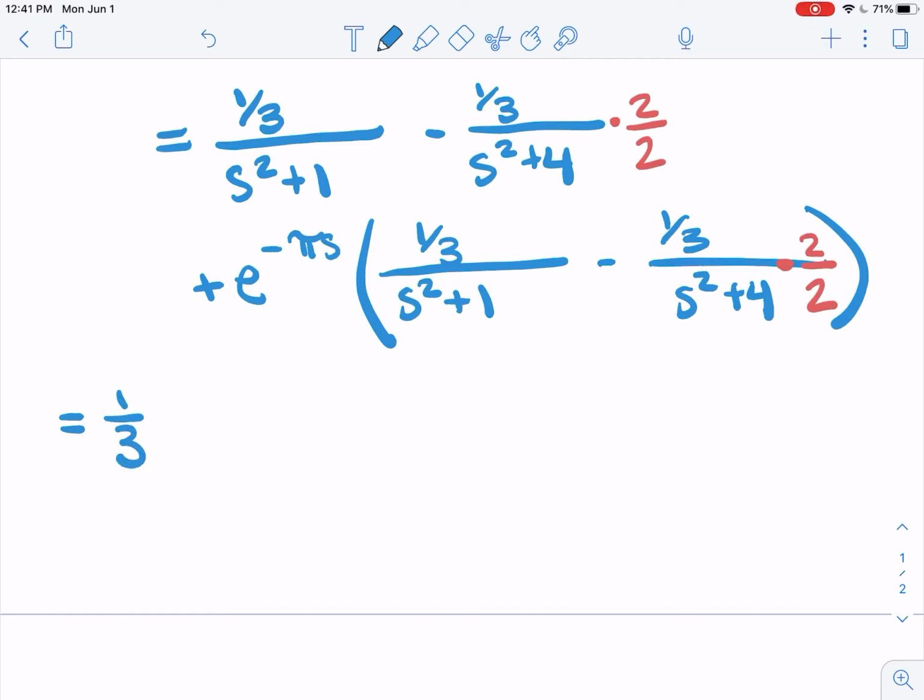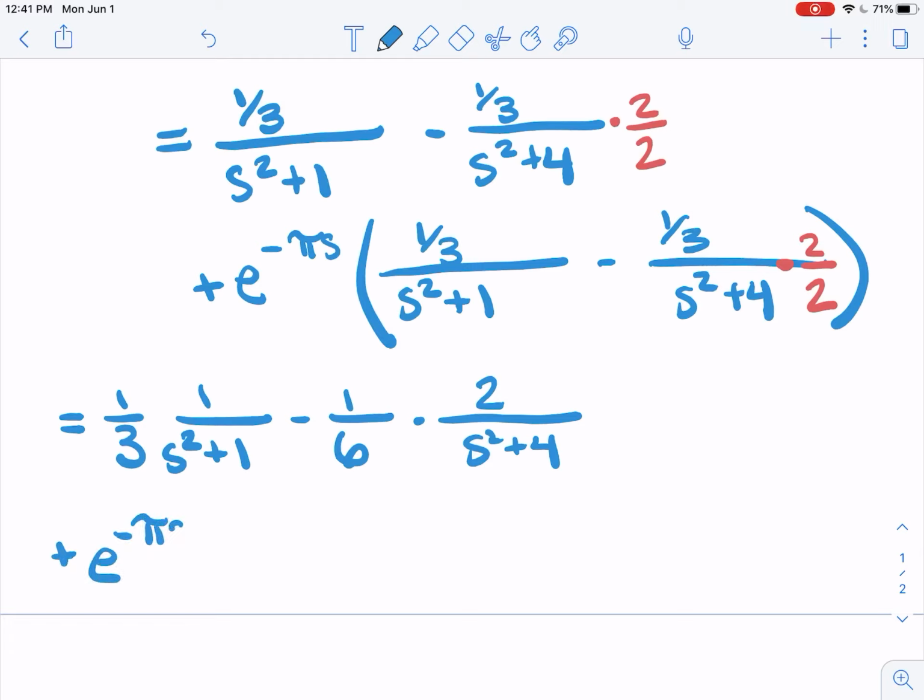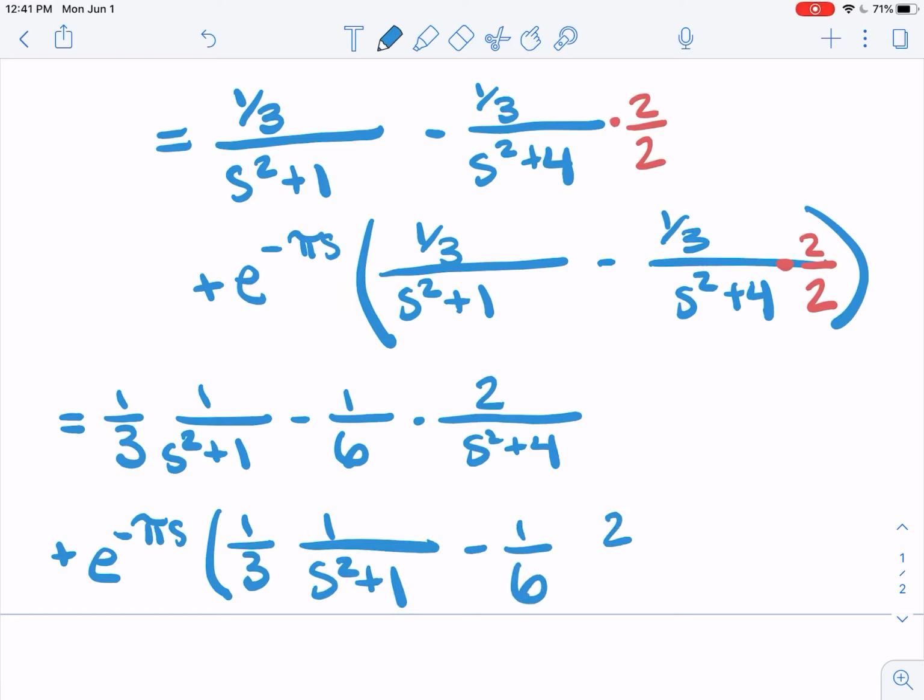We have 1/3 times 1 over s squared plus 1 minus 1/6 times 2 over s squared plus 4. That gets us the 2 that we need to go along with the 4. 2 is the square root of 4. Now that looks like something that belongs on our table, and in the exponential term it's the same. Now we can use the table, we can invert all of this.